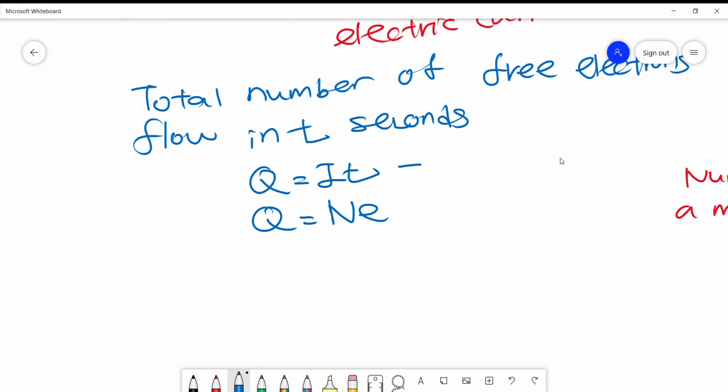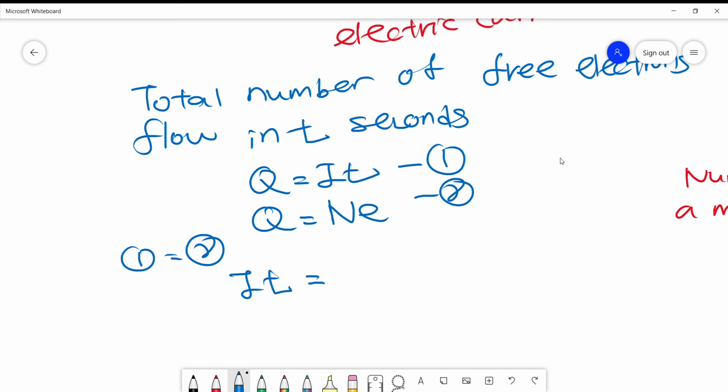If I equate both equations, It equals Ne. So the number of free electrons flowing per second, N over t, equals I over e. This is another formula.